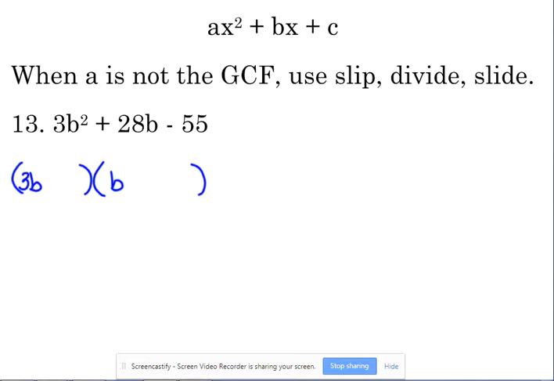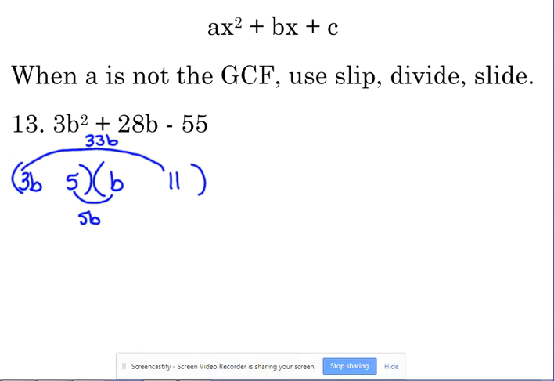What's the most common factor of 55 that you can think of? 5 and 11, right? Well, 5 and 11 obviously don't add to give us 28, but when I put them in like this, the outside gives me 33, and the inside gives me 5b. 55 was negative, so that means I have opposite signs.